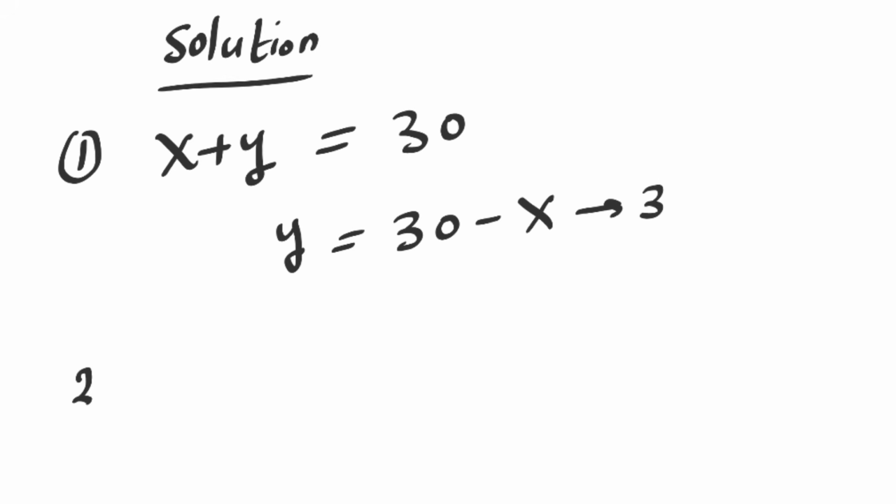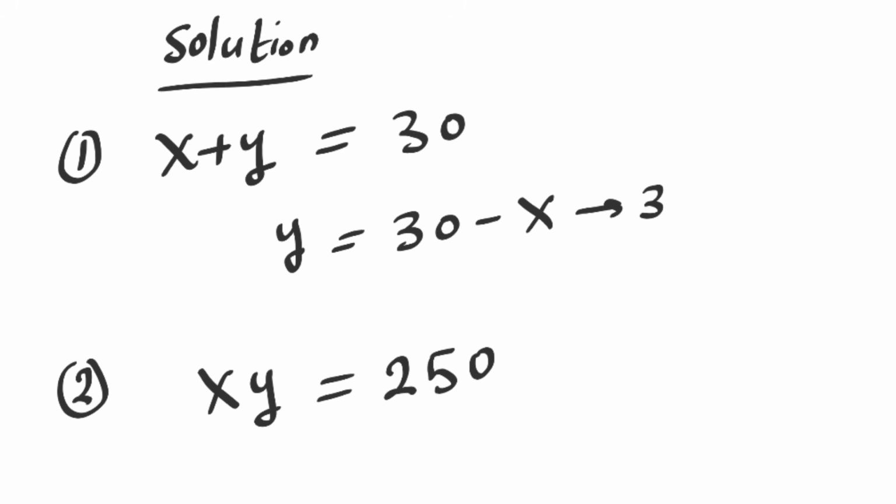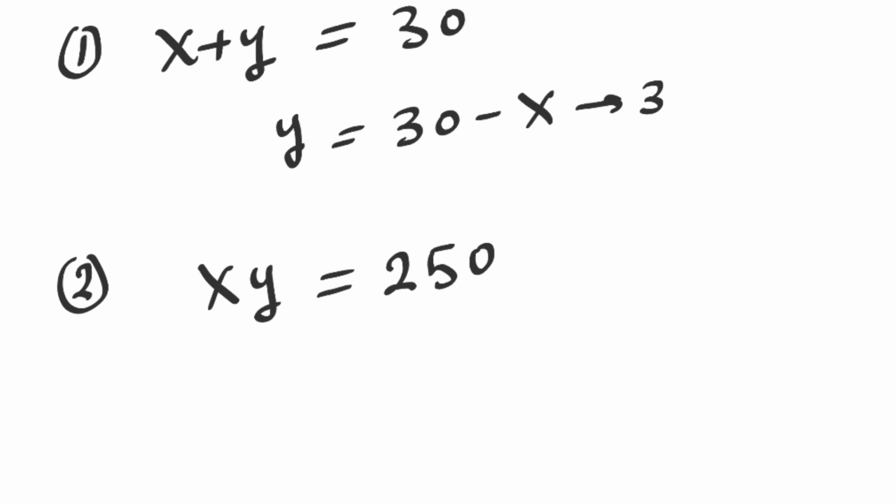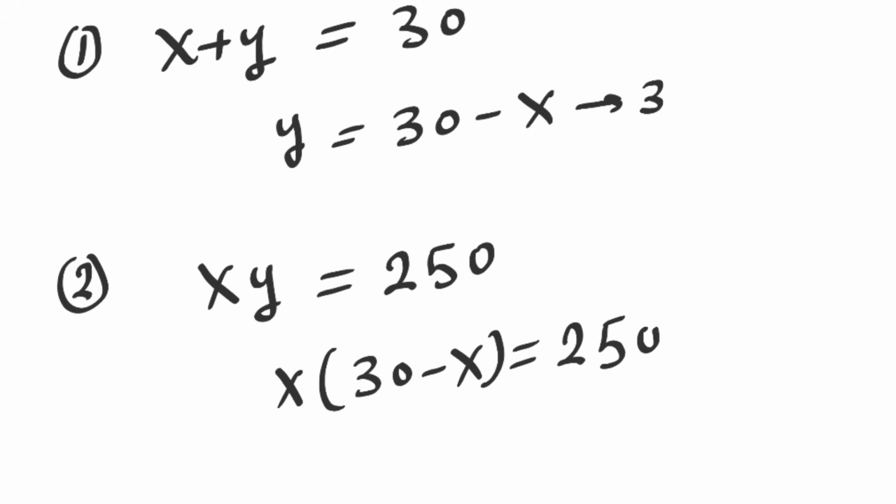From equation 2, xy is equal to 250. Let us substitute for y, which is 30 minus x. x bracket 30 minus x is equal to 250.